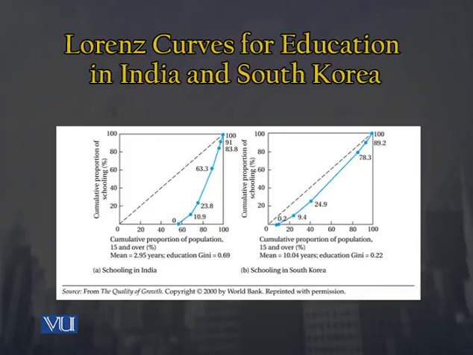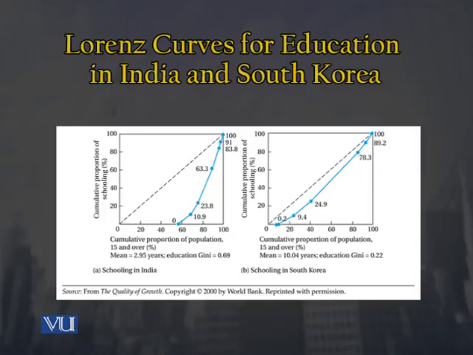Whereas the mean years of schooling estimated for South Korea are 10.04 years, and the educational Gini has been estimated as 0.22, which is fairly smaller as compared to 0.69, the estimated value of education Gini for India.